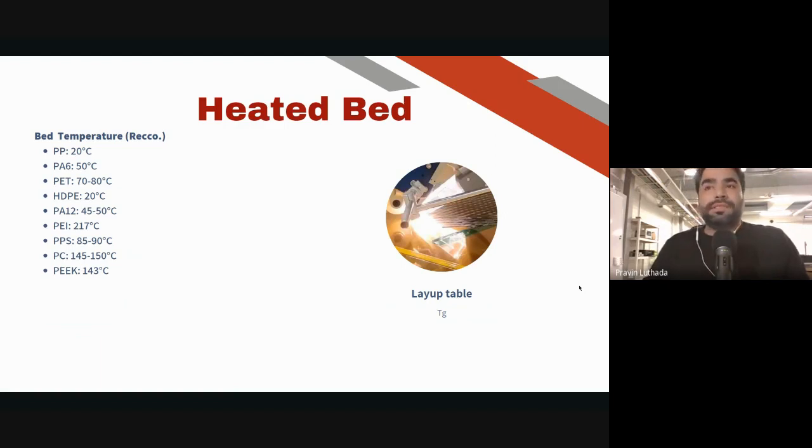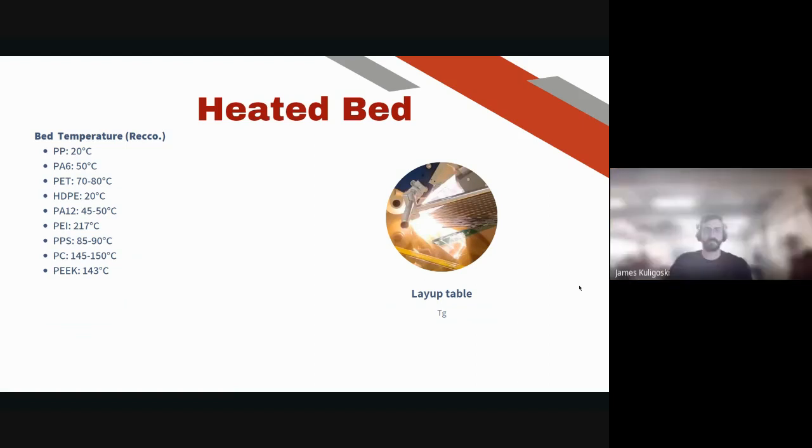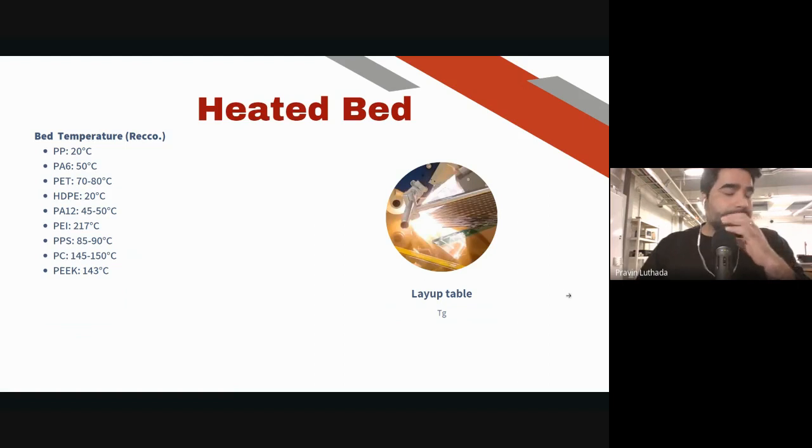So it is generally recommended to have a heated bed while running thermoplastics. Once again, we have done a lot of trials with different materials, and we see that it's usually around the Tg of the material or the room temperature that is the best bed temperature.